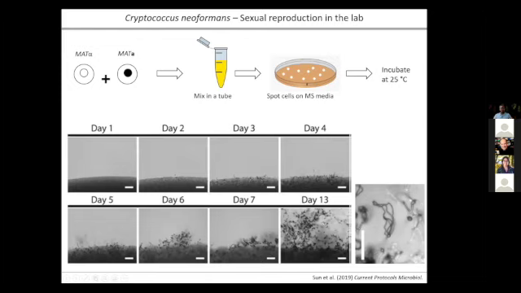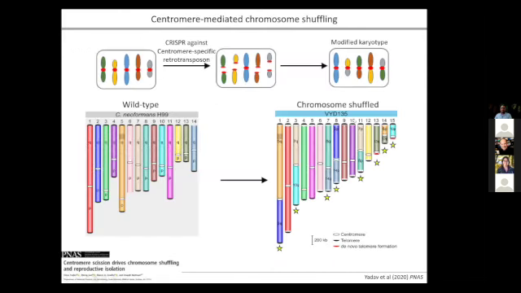So the story that I'm going to talk to you about today basically started a couple of years back, when we generated this chromosome shuffle strain, which had about 8 different chromosome variations compared to the wild type H99 strain. H99 is the lab strain that is used probably by most people who work on neoformans.